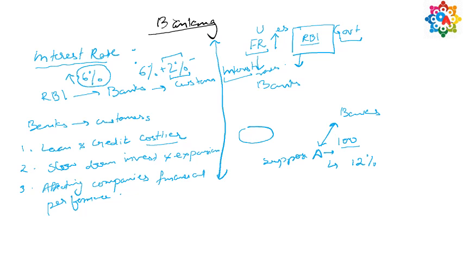But I have borrowed money from the bank, and the bank is charging 10% interest rate on the borrowed money. So I have to pay 10% to the bank. Now I am left with 2%.